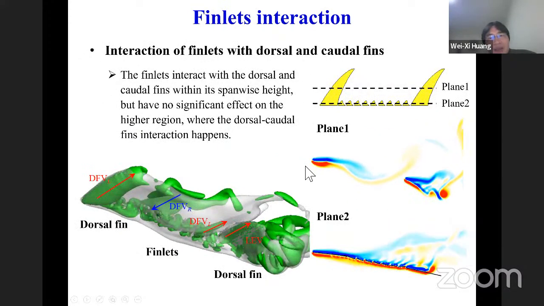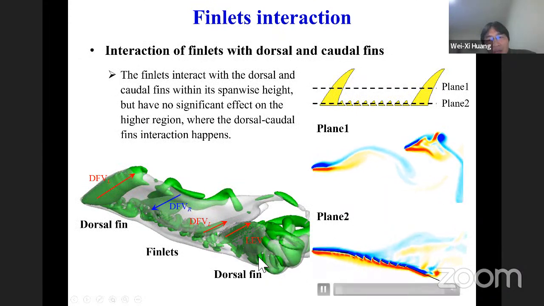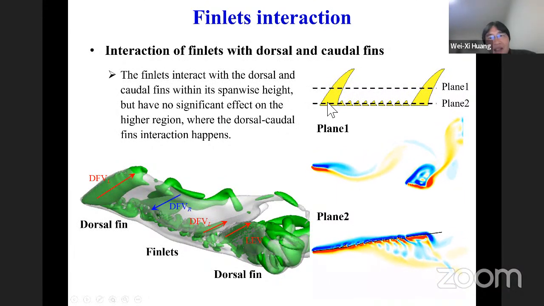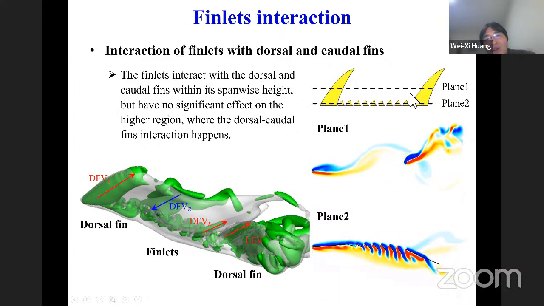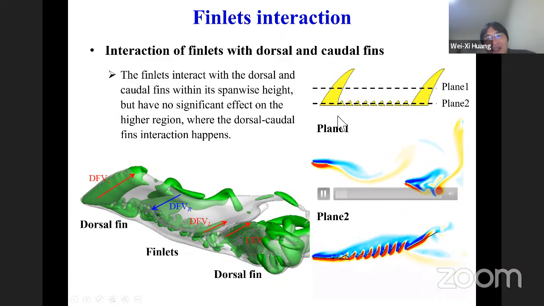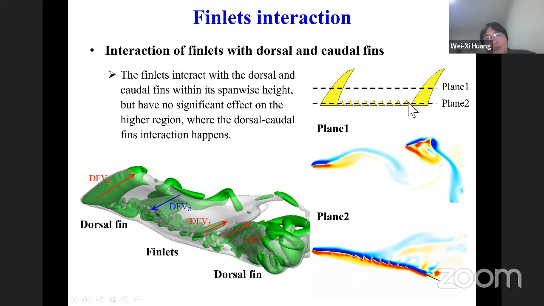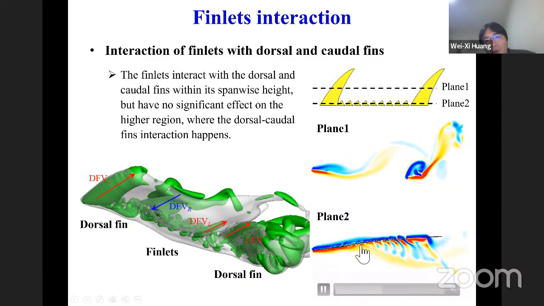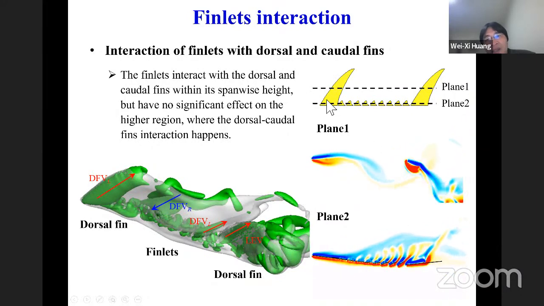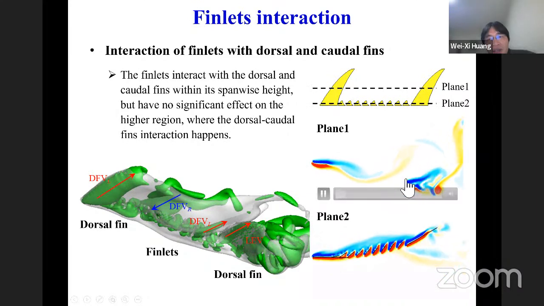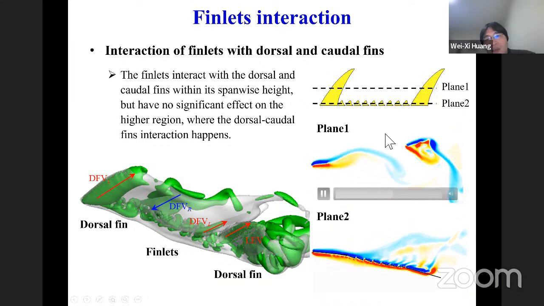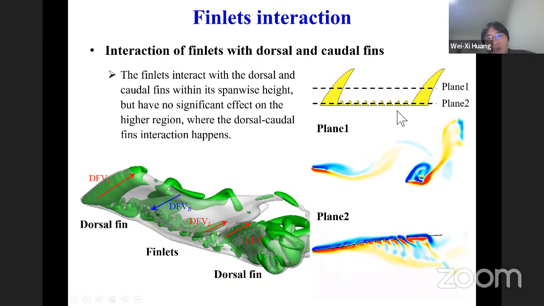And we also check the interaction between the finlet and the caudal and the dorsal fin. It's seen that at the height of the finlet, there is a more complex interaction, but at positions higher than the finlet, this interaction is quite similar to the case without the finlet.